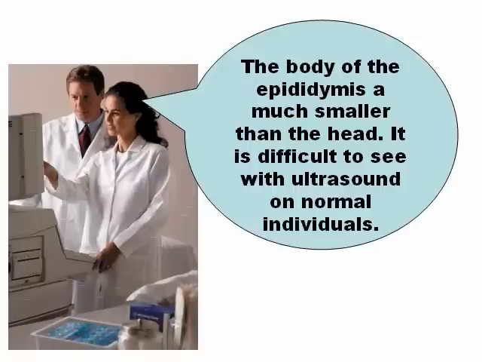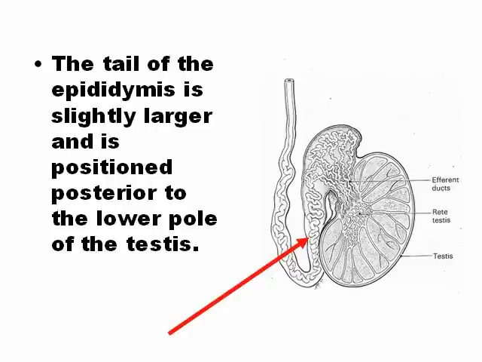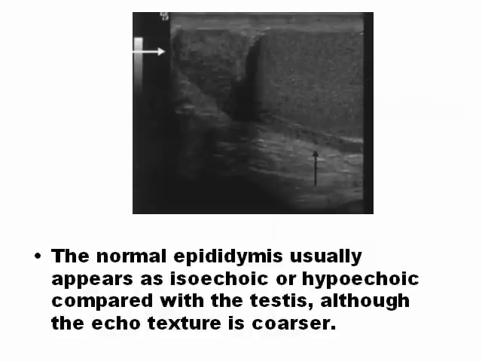The body of the epididymis is not as easy to visualize as the head. The tail is slightly larger and is posterior to the lower pole of the testis. The normal epididymis usually is iso or hypoechoic compared with the testis.